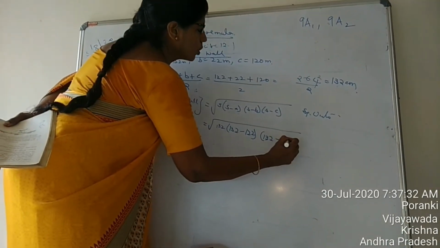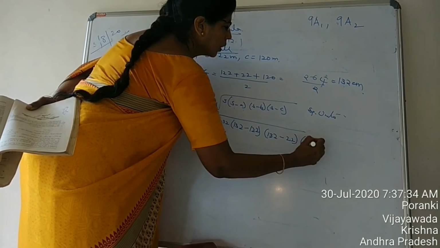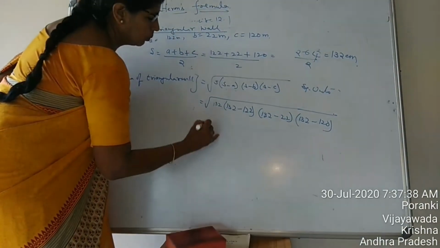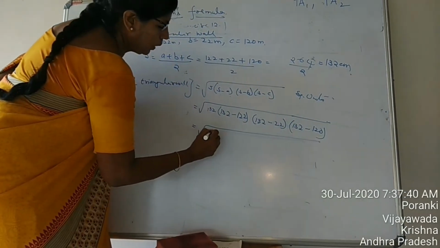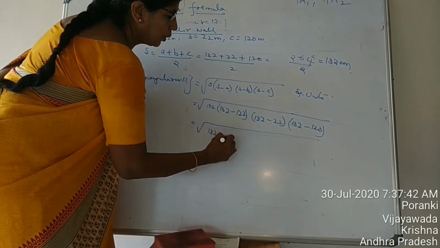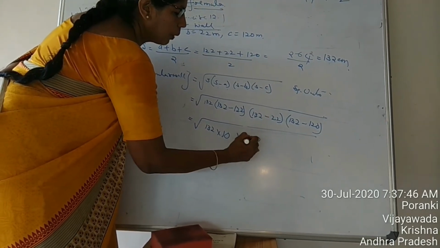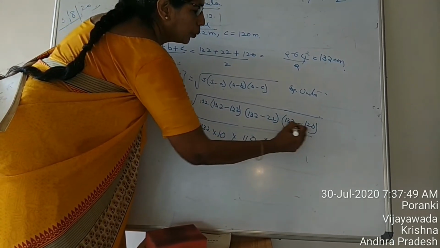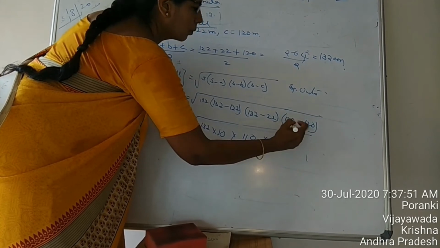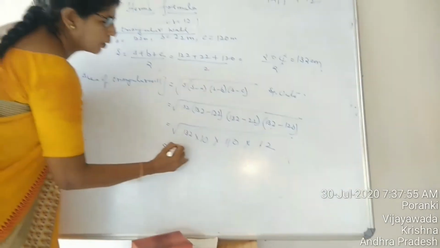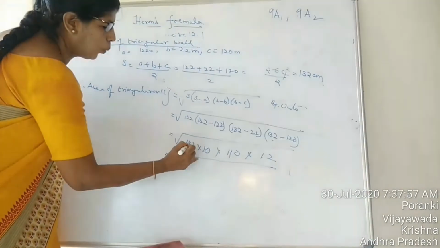Second bracket, 132 minus 22. Third bracket 132 minus 120. 132 into 10 into 110 into 12.